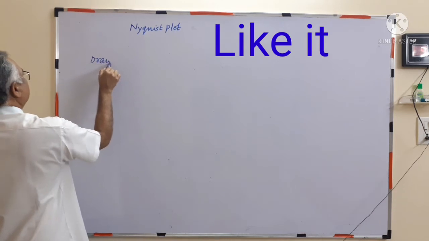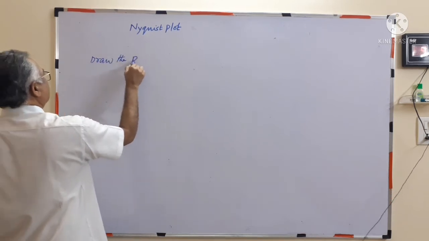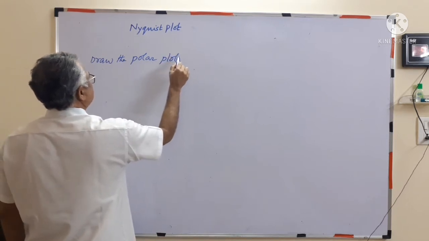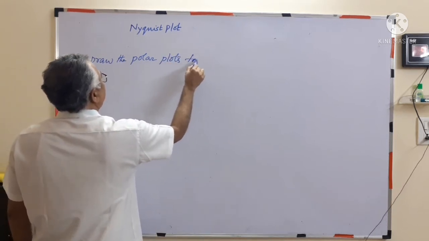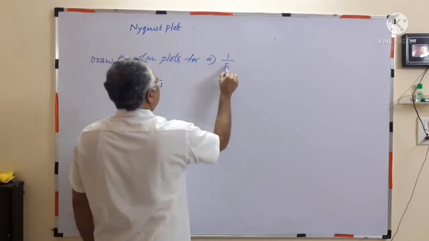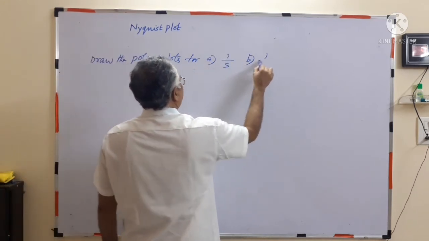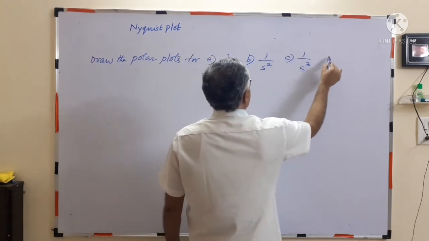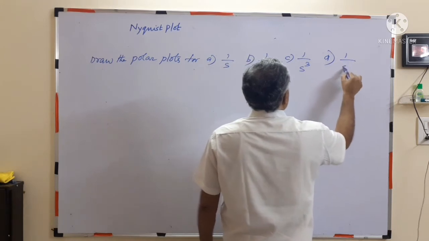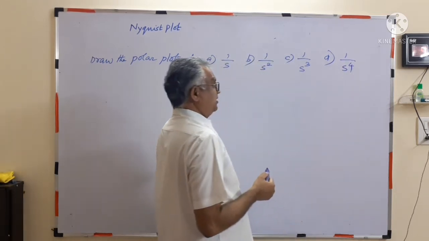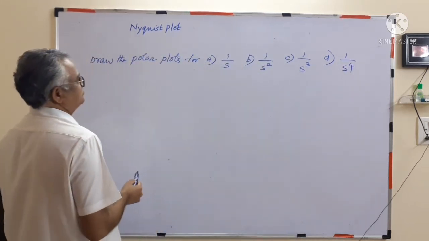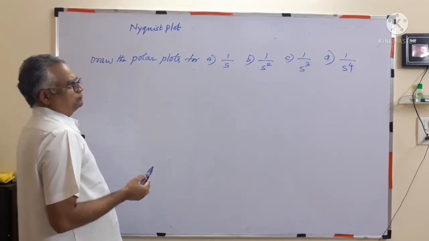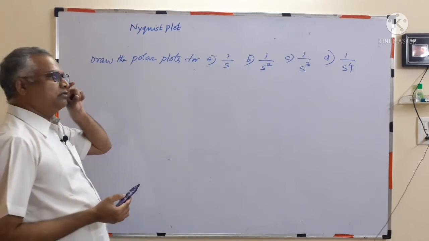Now draw the polar plots for 1 by s, 1 by s square, 1 by s cube, 1 by s power 4. 1 by s means 1 by j omega.